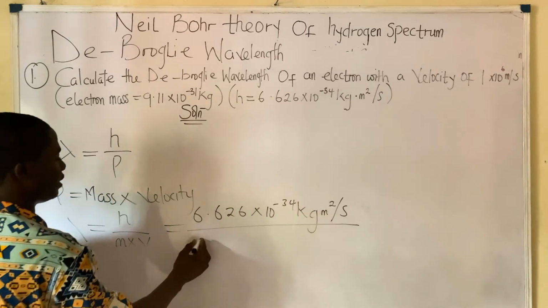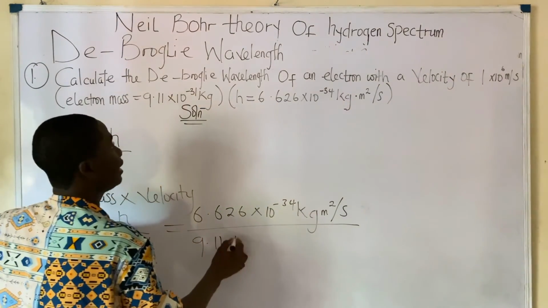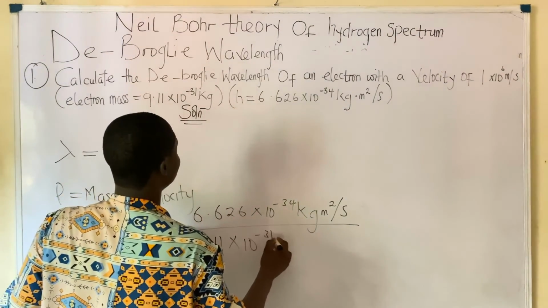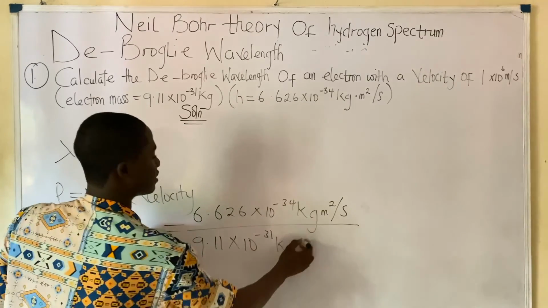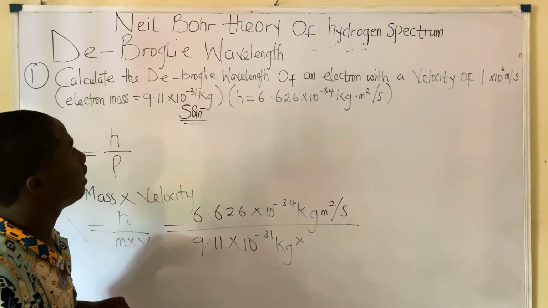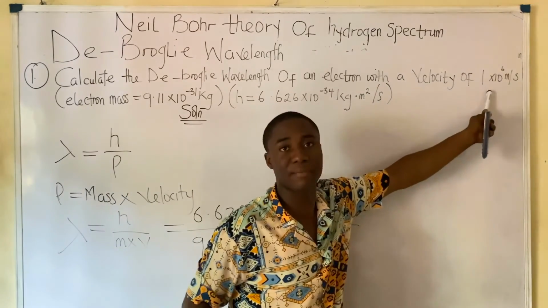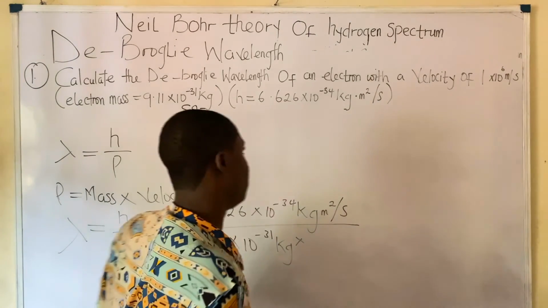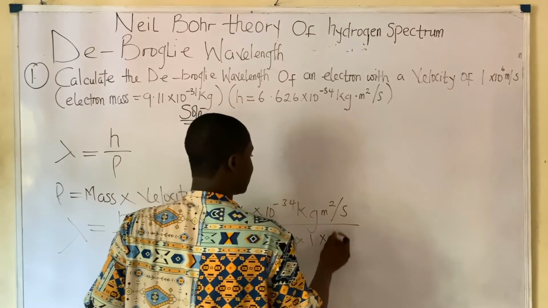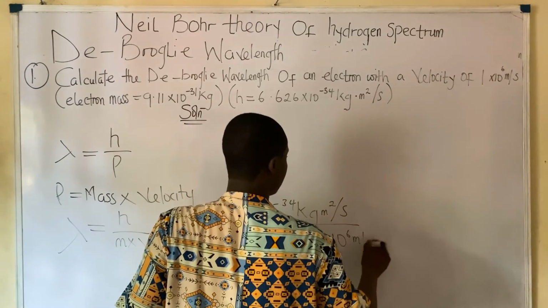The electron mass was given, and it is 9.11 times 10 to the power minus 31 kilograms, times the velocity, which was given to be 1 times 10 raised to the power of 6 meter per second.